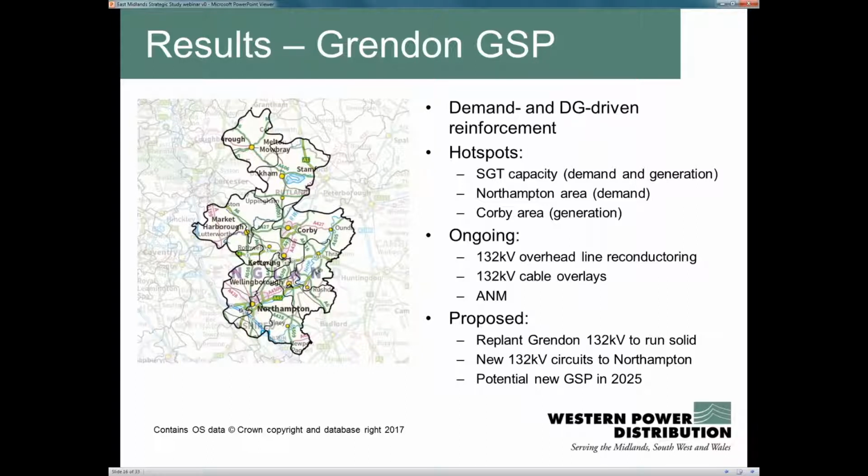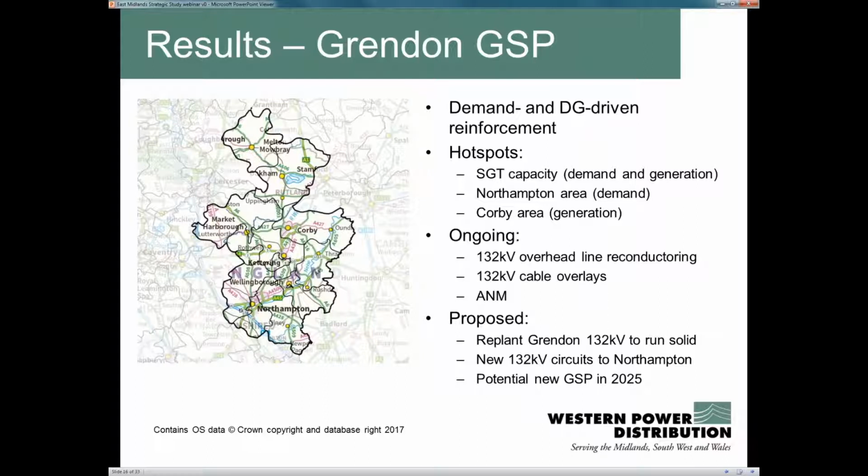We've already identified a number of works within our previous investment planning timescales, and so we currently have works ongoing in the area looking at the overhead line reconductoring on the 132 and cable lays, and we also implemented active network management to help facilitate generation connections in the area.